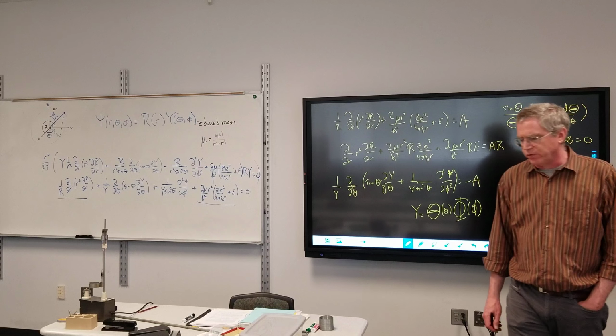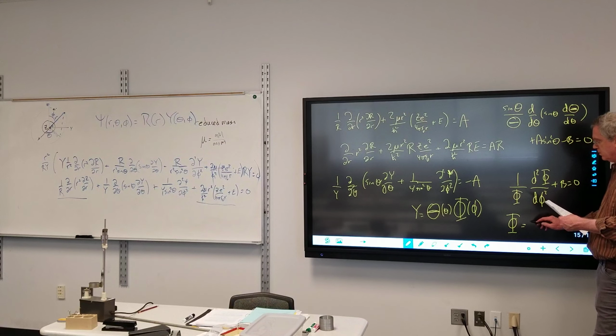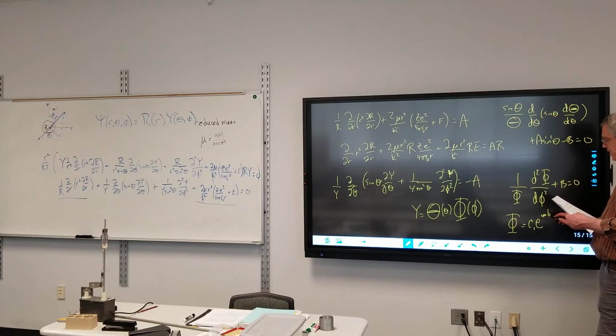And the equation that works for phi is some constant e to the i m phi plus c sub 2 e to the negative i m phi, where b is equal to m squared.